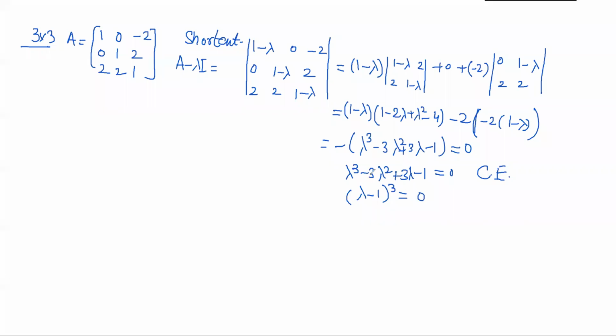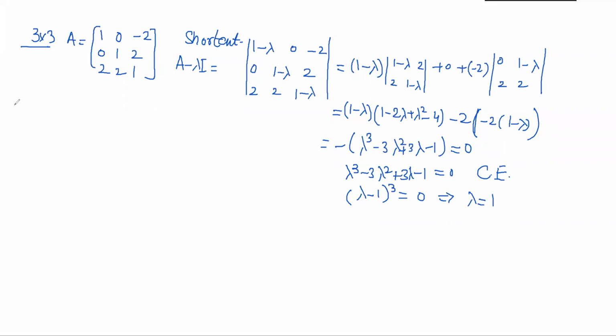Lambda cube minus 3 lambda square plus 3 lambda minus 1, if you remember from your algebra knowledge, is the cube of lambda minus 1. Therefore, the value of lambda will be 1. Since this is a cubic equation, it should have 3 roots, but incidentally all the 3 roots are the same. So there is only one eigenvalue in this case.